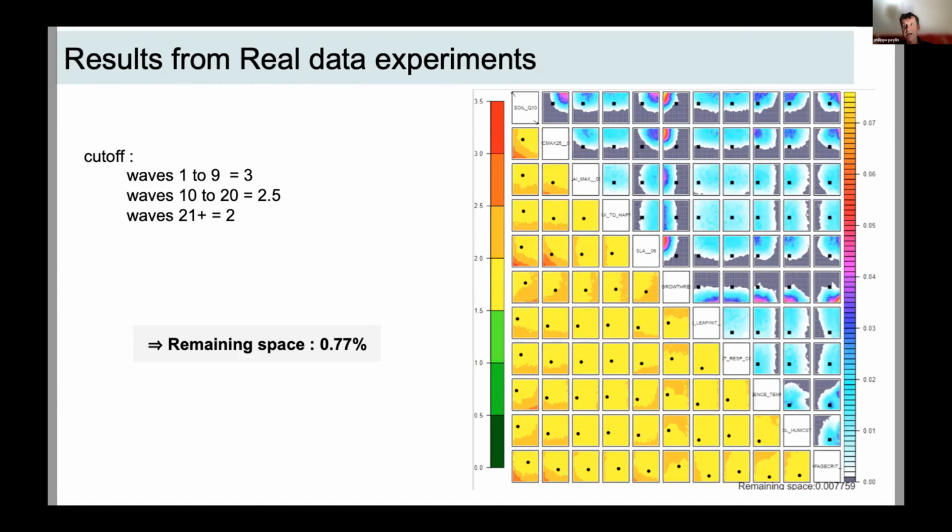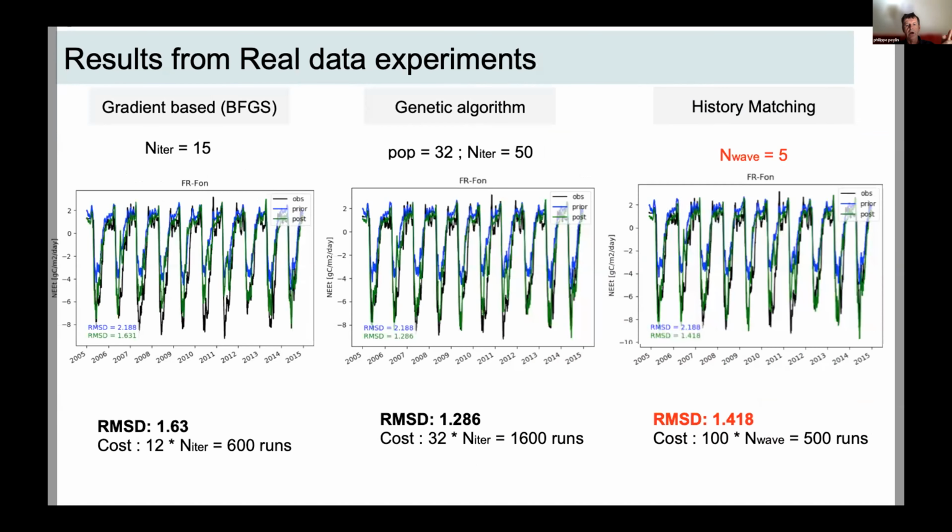But at the end, what you get is not one point. What I've shown you in the output is just the point we took from the history matching that was providing the smallest RMSD, the smallest cost function, with the smallest implausibility that I've shown you at the top.